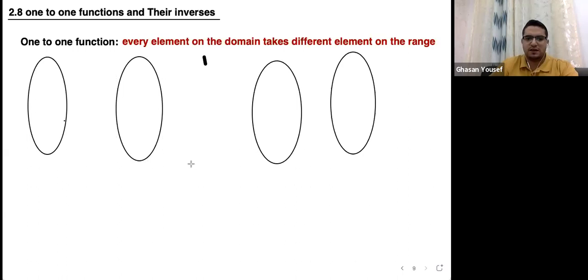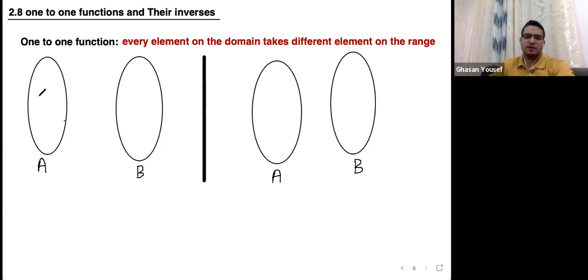The first function has input set A. Suppose this is my set A and this is my set B. Again, this is set A and this is set B. The first function I'm going to call f of x, and the second I'm going to call g.